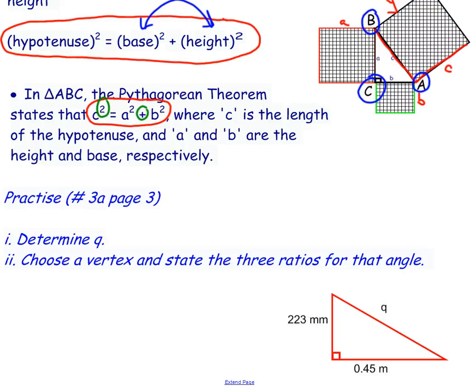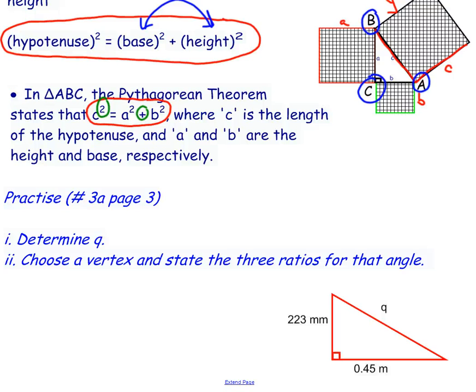There's a little bit of conversion that needs to be done because the side lengths are in millimeters and meters, which are both metric units, but they're not common to each other. So we're going to have to convert millimeters into meters. I'm going to add a little extra challenge, which will let you see that the ratios of sides for the angle that we choose is going to be a review item as well.